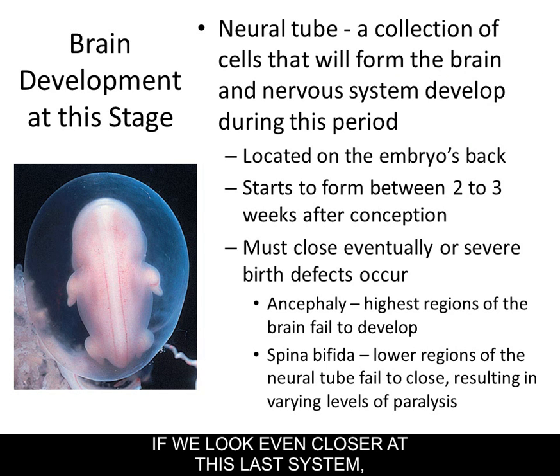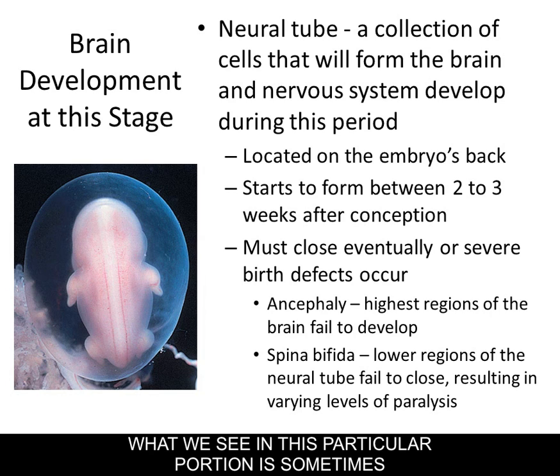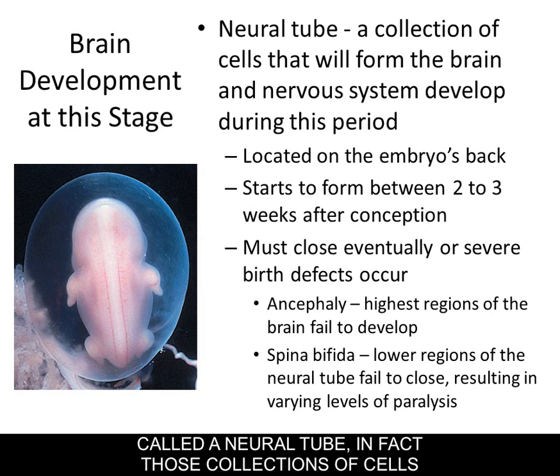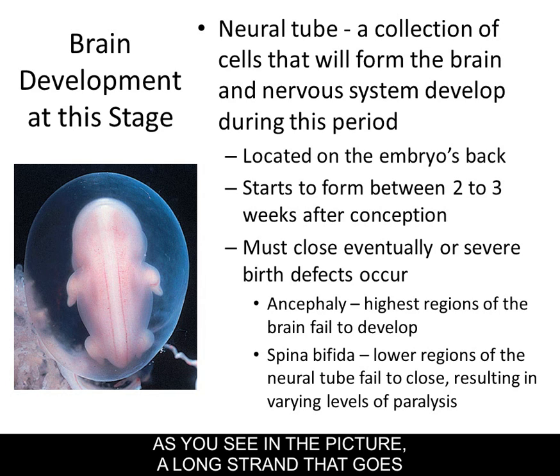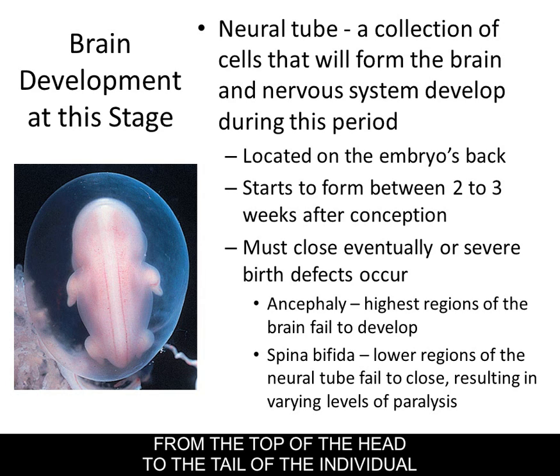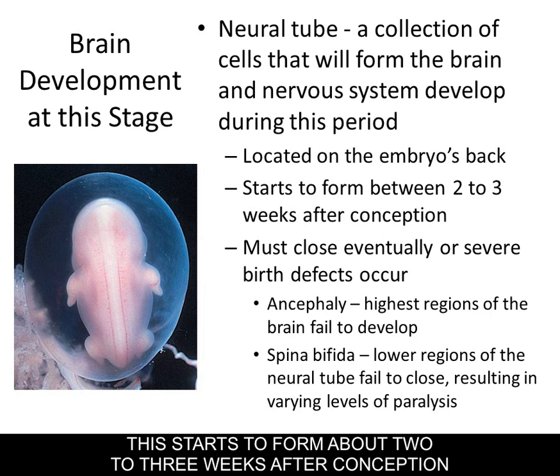If we look even closer at this last system, this particular portion is sometimes called a neural tube. In fact, those collections of cells that form this system are what's going to eventually look like, as you see in the picture, a long strand that goes from the top of the head to the tail of the individual, or the hind bone of the individual.